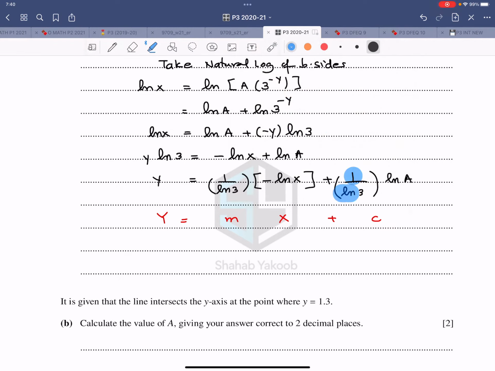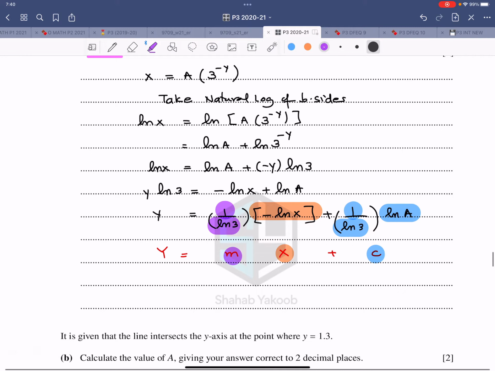So what is it asking? Find the exact value of the gradient of the line. Don't forget the minus sign also. There is this minus sign, and that naturally goes with this. So the gradient is negative. So m equals negative 1 over ln 3. That is the value of the gradient.